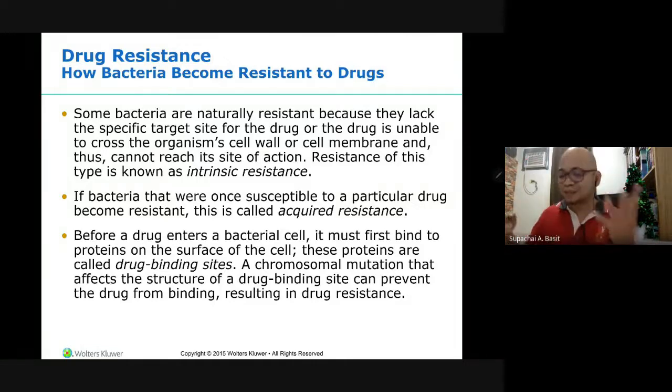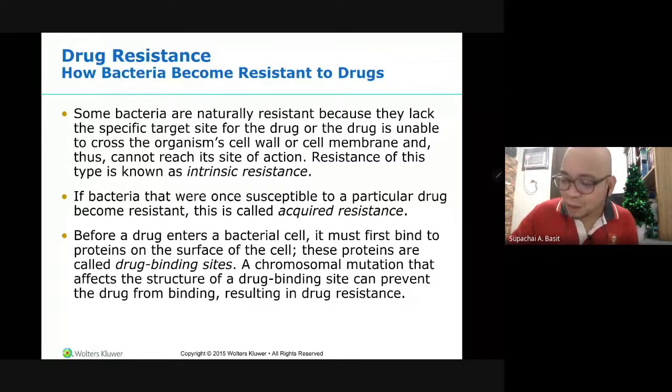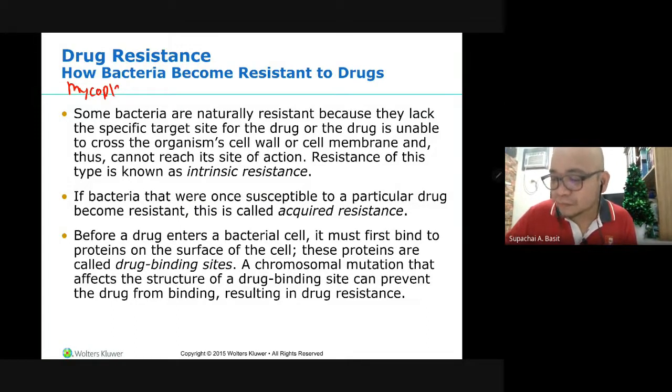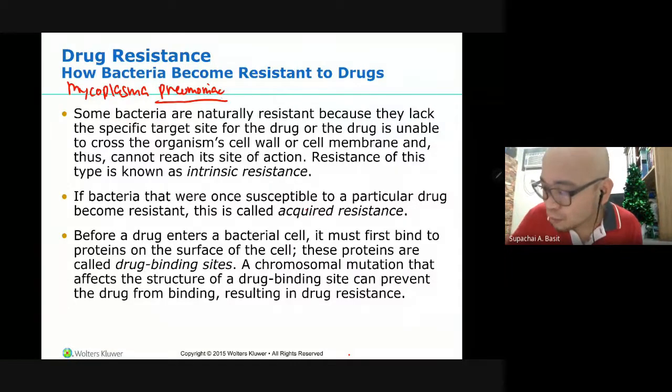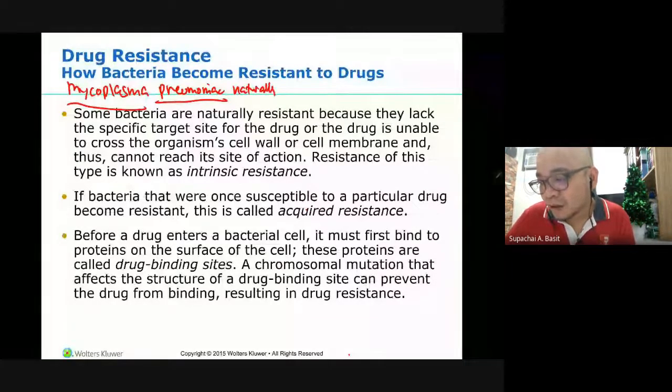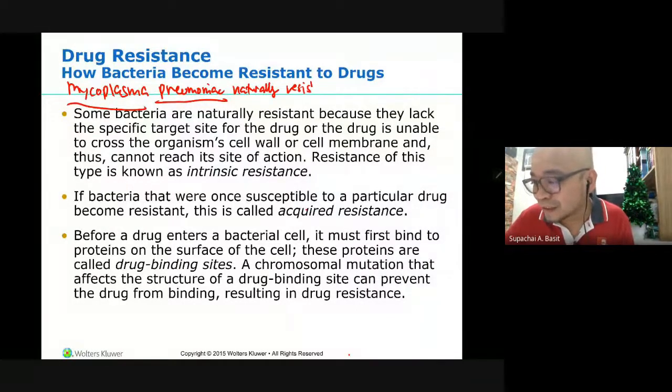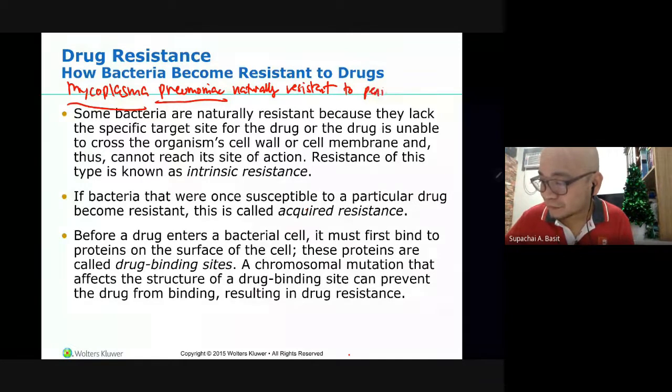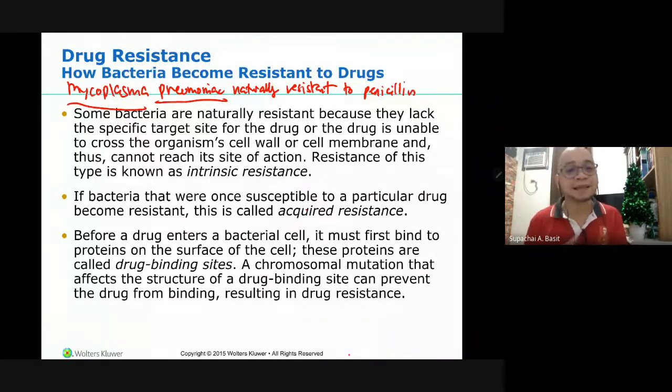So let me give you an example. Our example here is Mycoplasma pneumoniae. Mycoplasma pneumoniae is naturally resistant to penicillin. You know why?